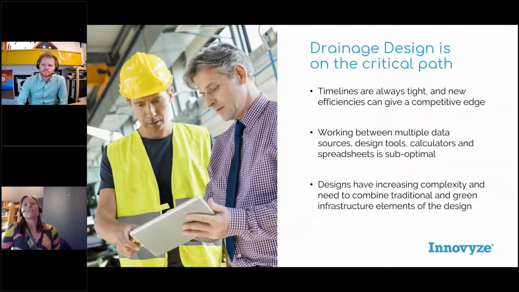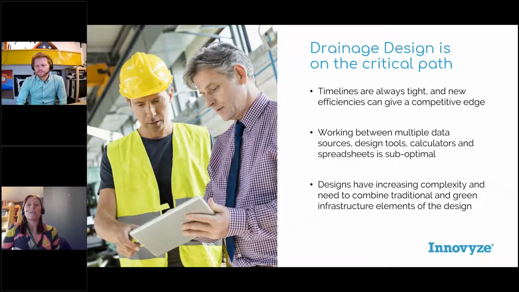So as we've said, drainage design is often on the critical path, with tight timelines towards the end of the process. All the client wants is to get the approval, the consent, so that construction can start.